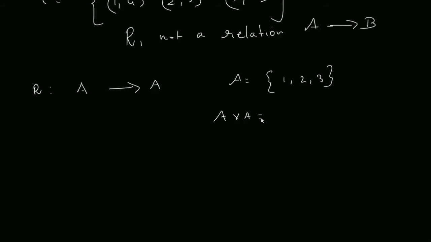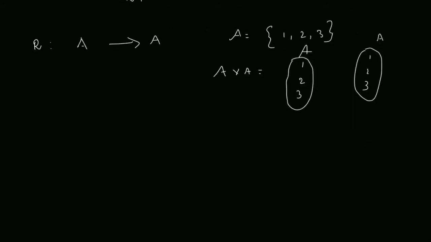A cross A is, so you know it is from A to A. I'll write A as 1, 2, 3. What is A cross A now? A cross A is all the ordered pairs: (1, 1), (1, 2), and so on.